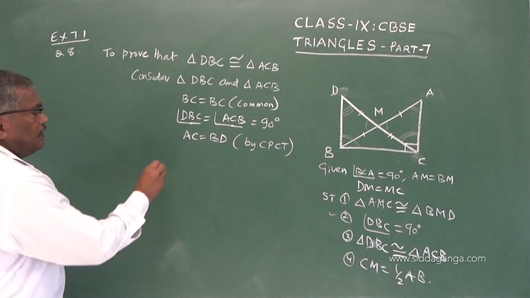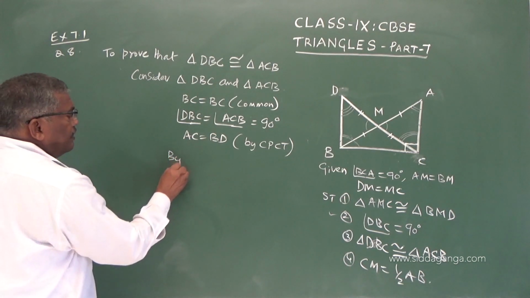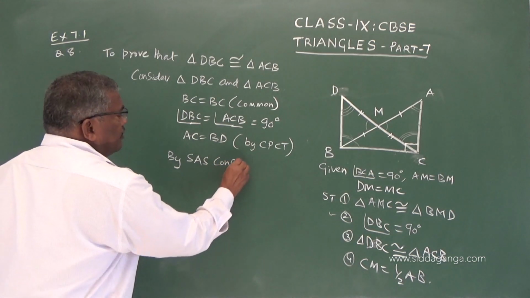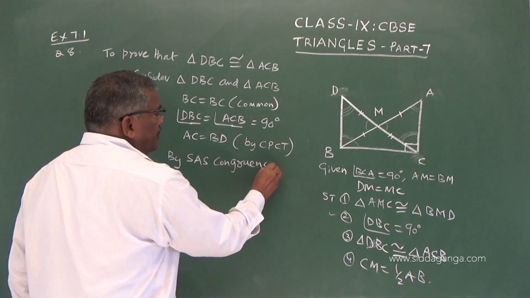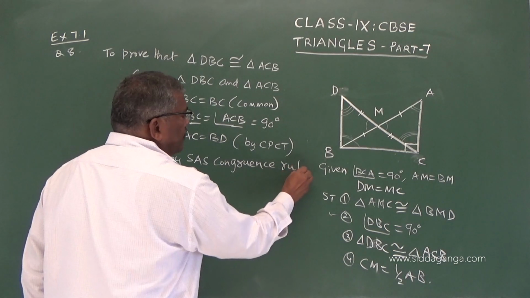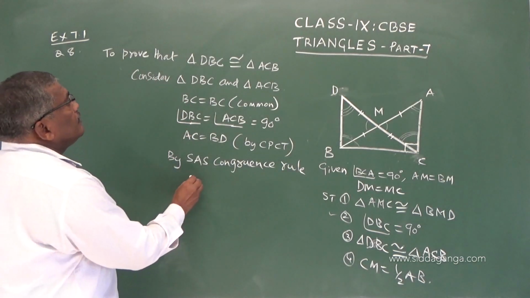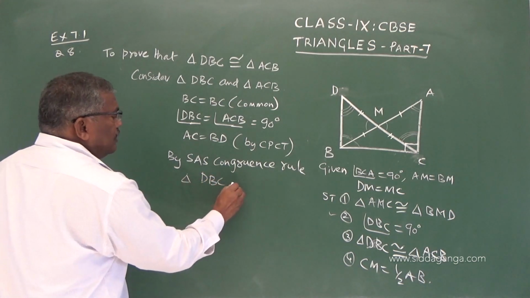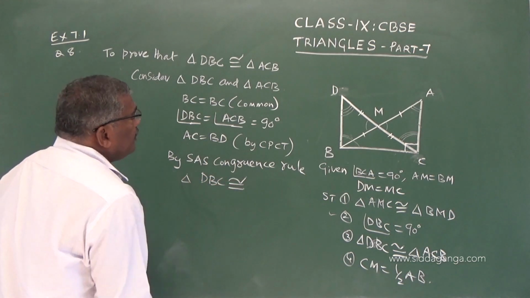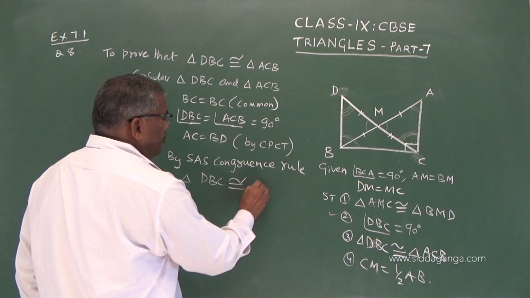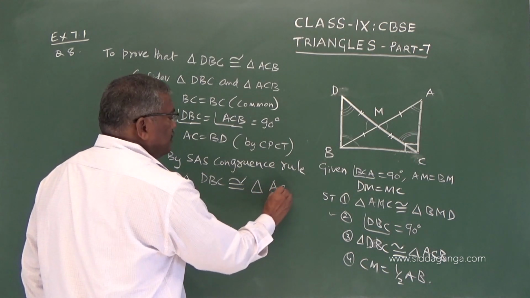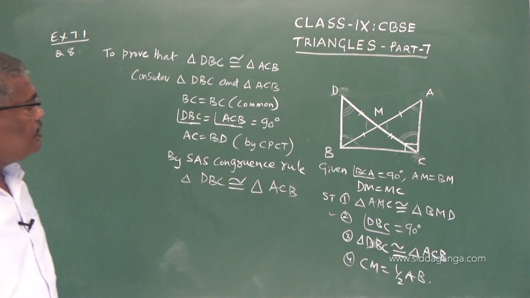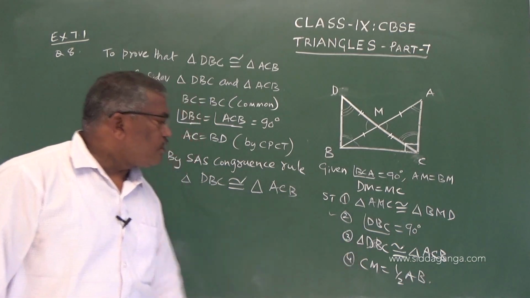So that means by SAS congruence rule we can say triangle DBC is congruent to triangle ACB. So this is the proof for the third question.